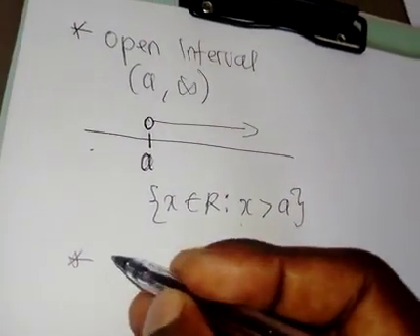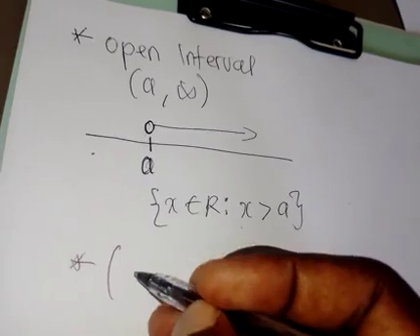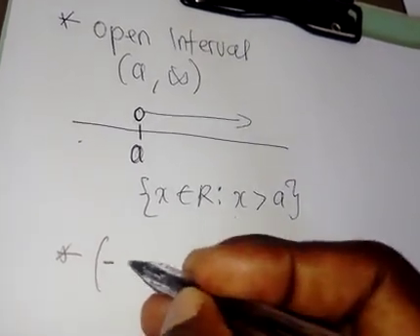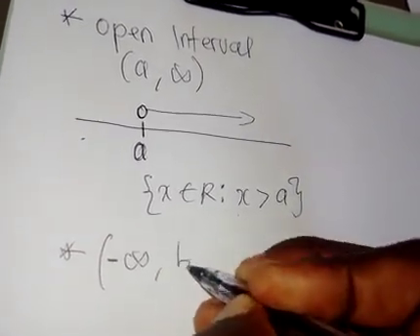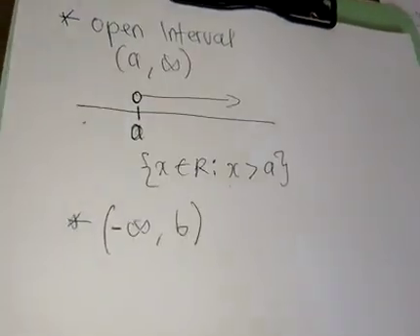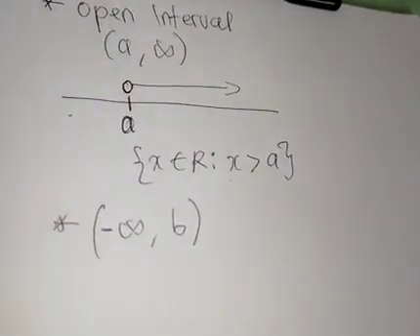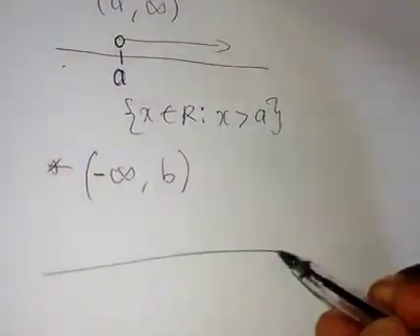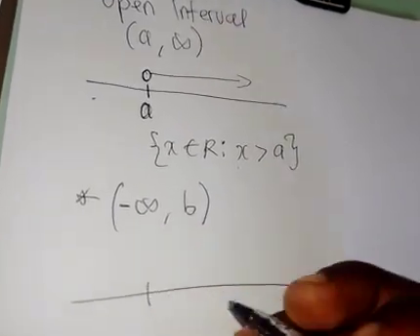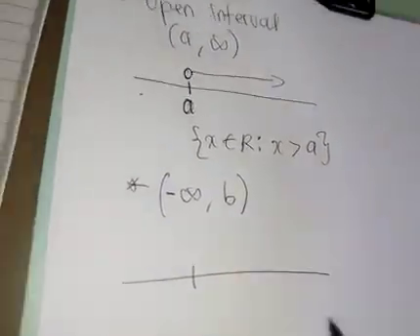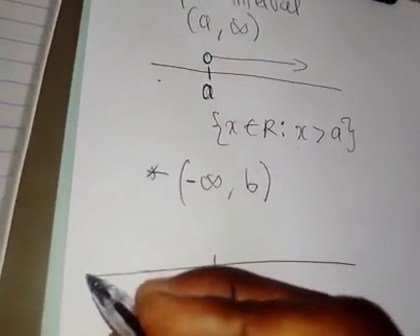Okay. Then what if we use, for the same open interval, negative infinite, comma, B, like that. Negative infinite should always be this side on your left hand. Let me extend it like this.